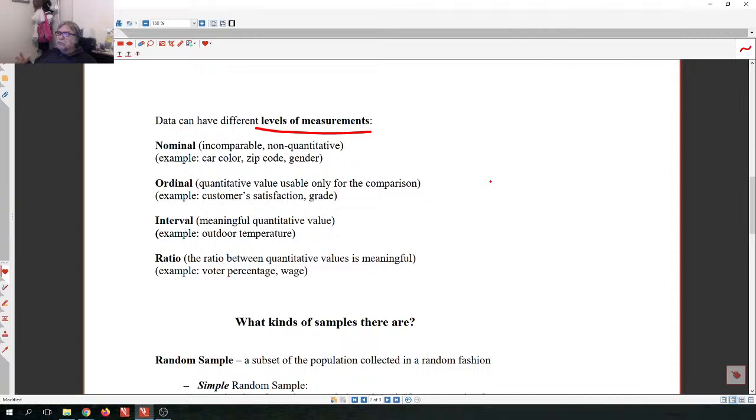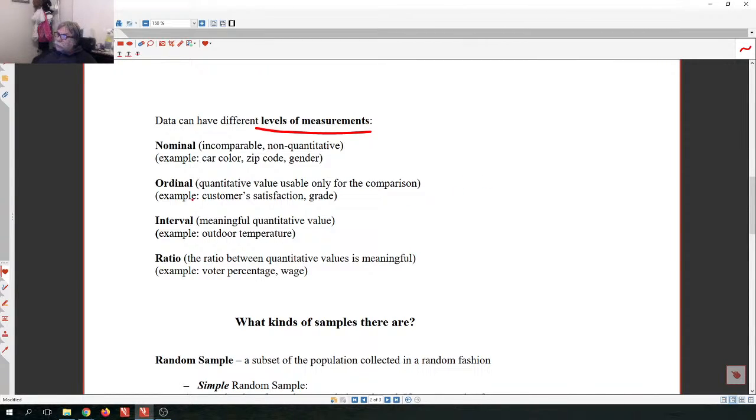For example, 11717, which is the zip code of Brentwood, does not have any numerical value as a number. It's just a geographical location that is labeled with that number. So this type of data is very common, but not as common as numerical data.